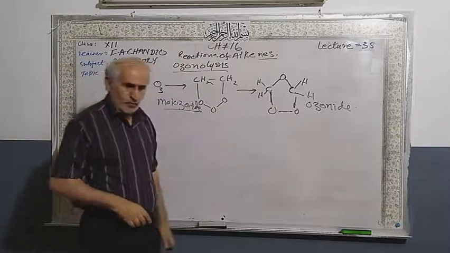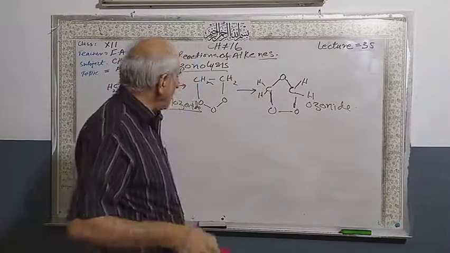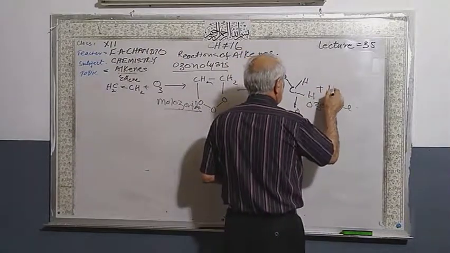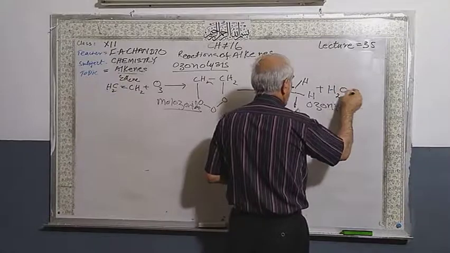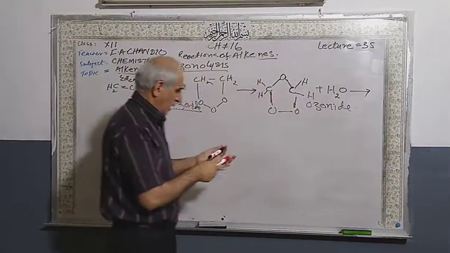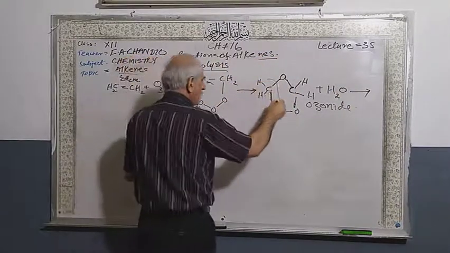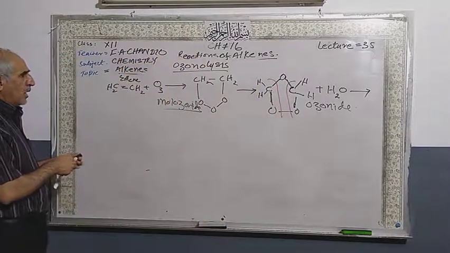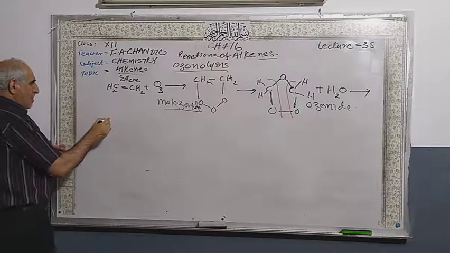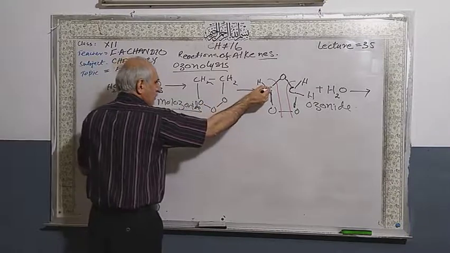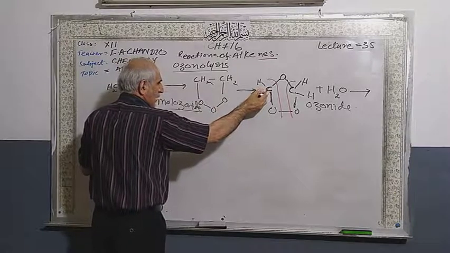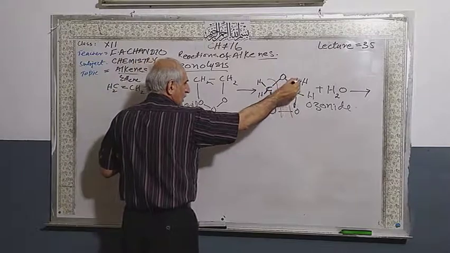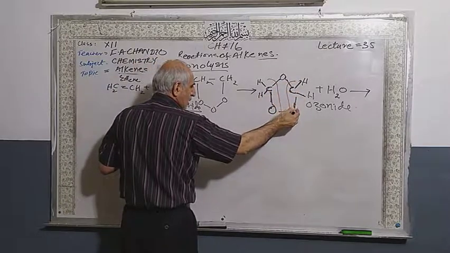This is the ozonide. Now, what happens to the ozonide in the presence of water? In the presence of water, this bond is going to be broken down, and you will get this carbon, hydrogen, hydrogen, oxygen.